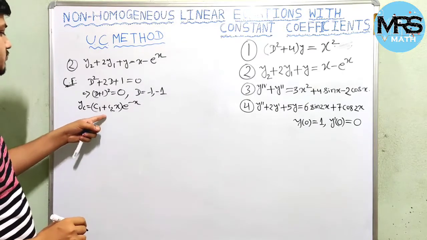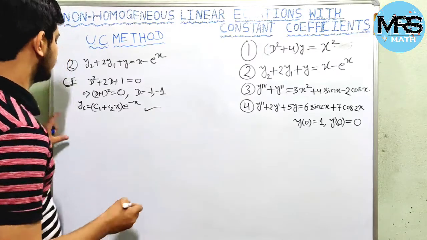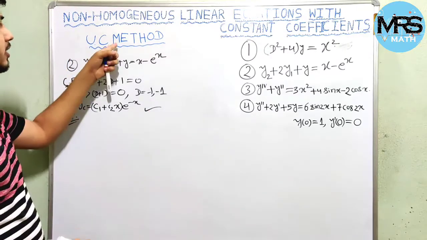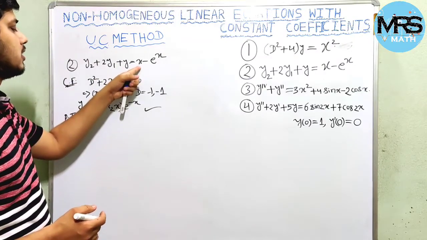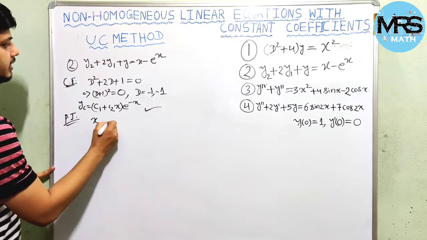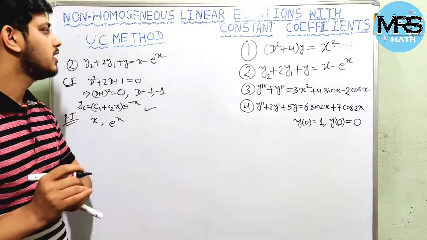So since yc we already got, now we will find out the particular integral using the undetermined coefficient method, okay? So here the UC functions are x and e to the power x, okay? 2 UC functions are there, right?